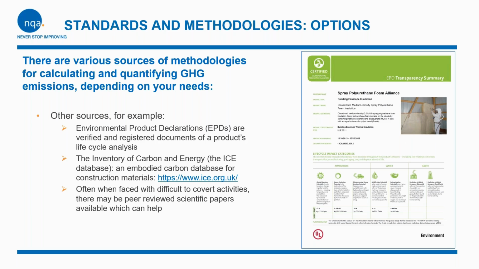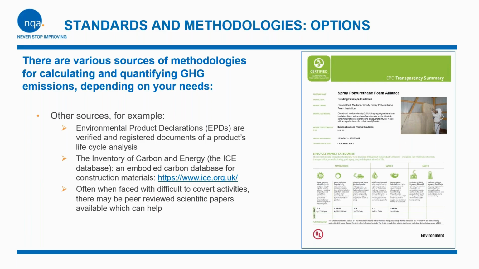carbon in products. If you're in the construction industry, the ICE database, the Inventory of Carbon and Energy database, is excellent. That's produced by RICS, and it's an embodied carbon database for construction materials. It's very, very useful for PAS 2080 purposes.